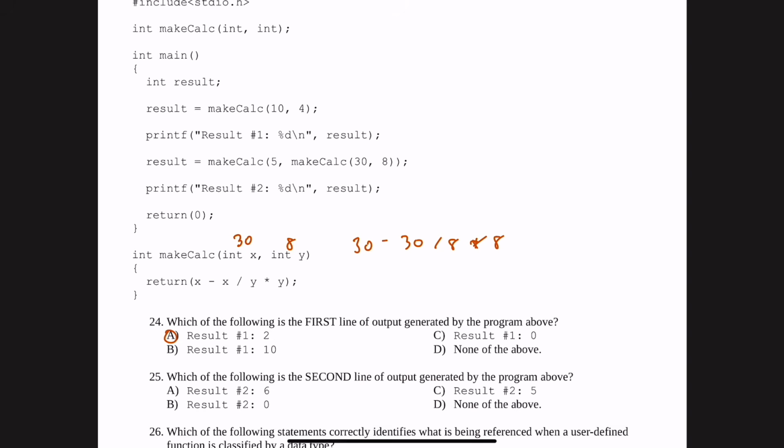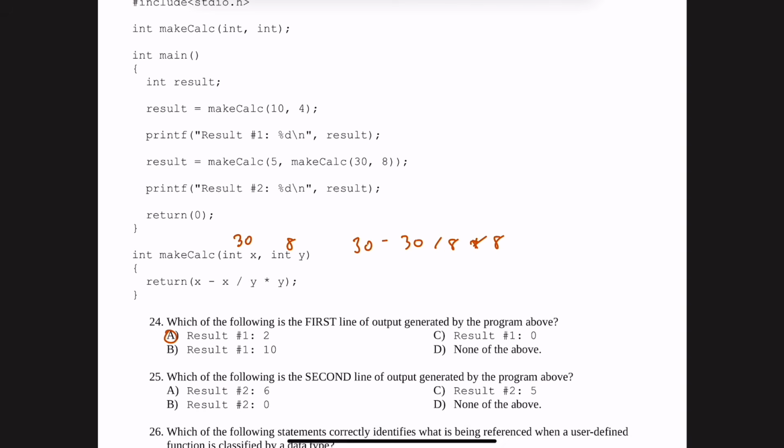So again, like before, remember order of operations. An easy trick is to think that these cancel out, but they don't because of the way we resolve math in the C language works. So 30 divided by 8 is going to be 3. We ignore the 0.75. 3 times 8 is going to be 24. 30 minus 24 is going to be 6.